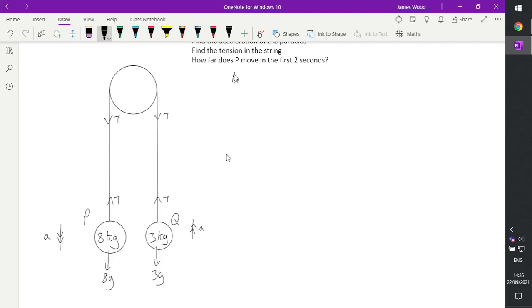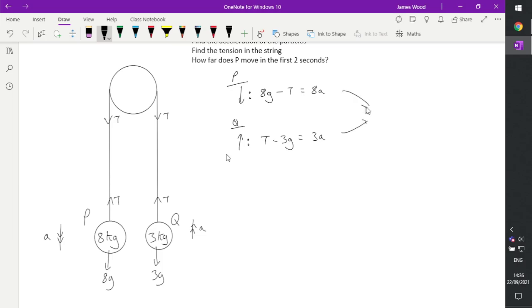Now let's solve it. So let's do forces on P first of all. I'm going to resolve downwards. So I've got 8g minus T equals 8a. And the forces on Q are going to go upwards. So I've got tension pulling it up, its weight pulling it down, and that equals ma, so that's 3a.